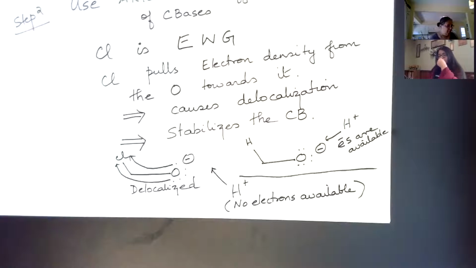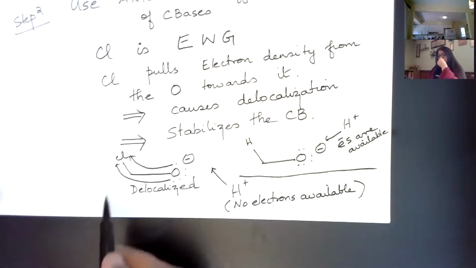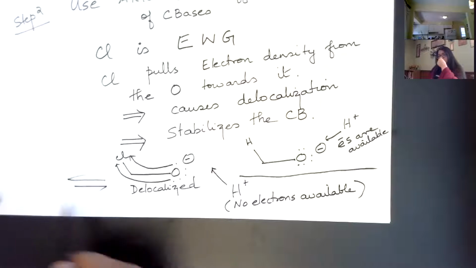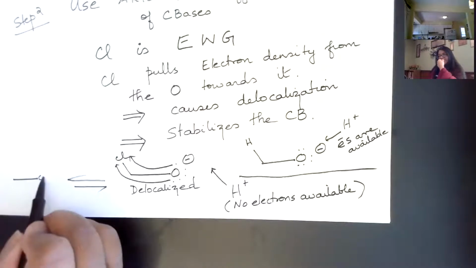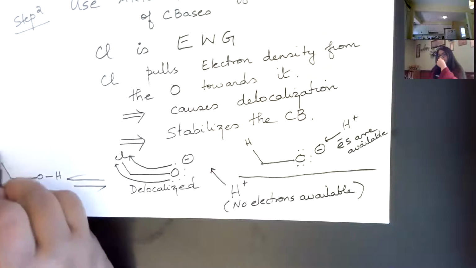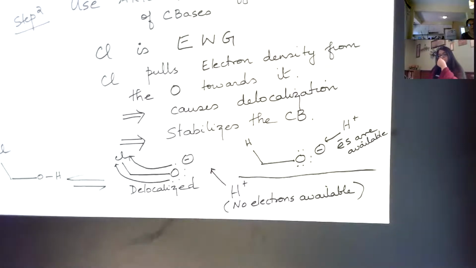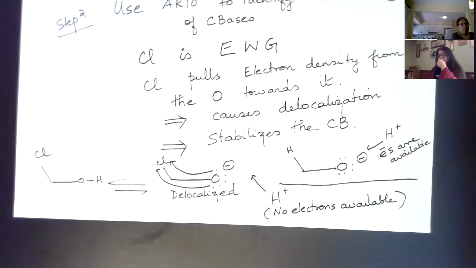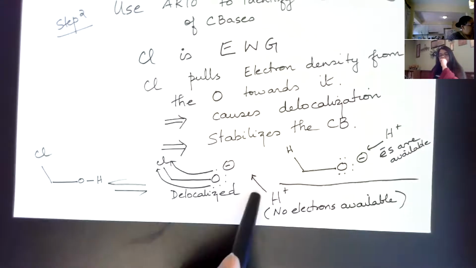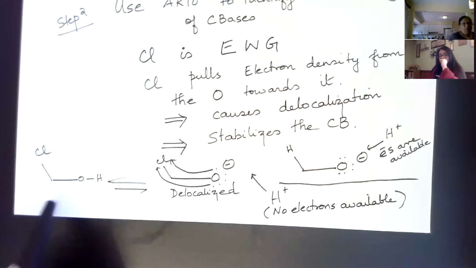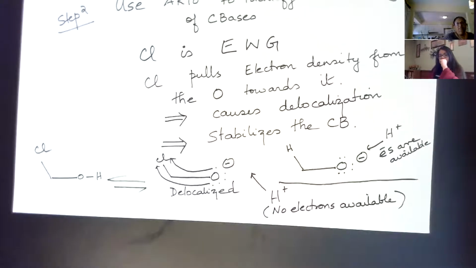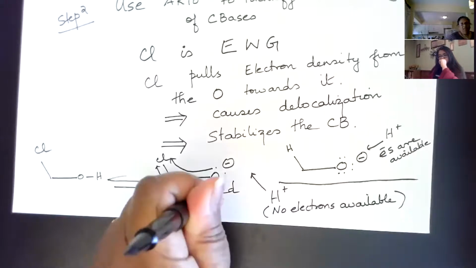So if you think about the reverse reaction, this is the reverse reaction, right? So if the electrons are not there, then this H plus cannot form that acid back. Okay. You understand? So it'll remain this.